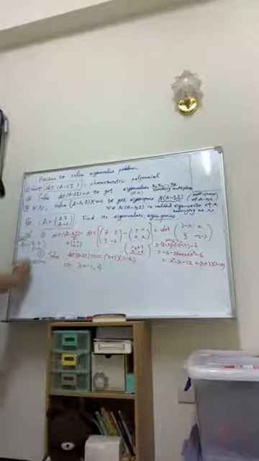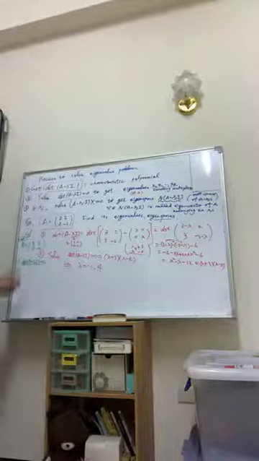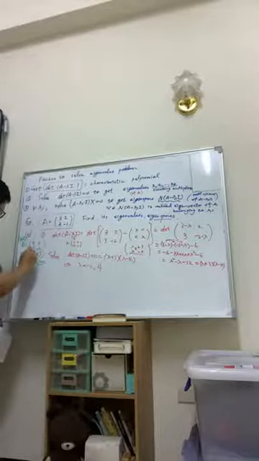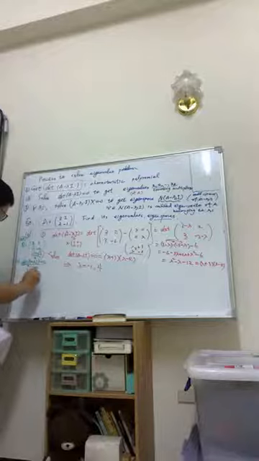It becomes 3 subtract lambda times negative 2 subtract lambda.